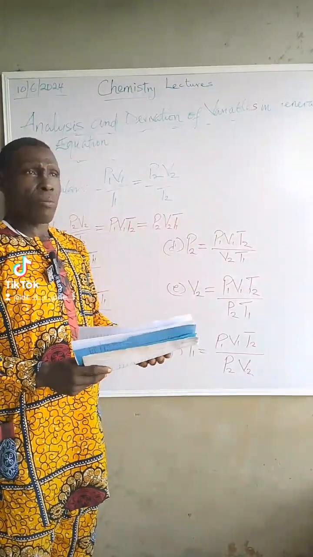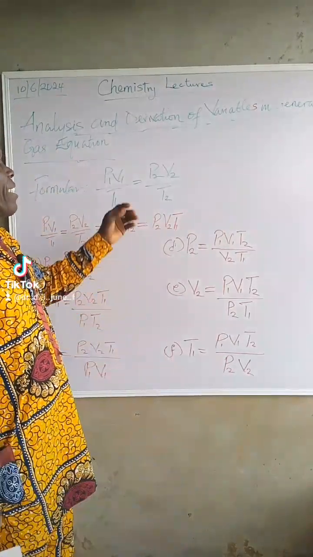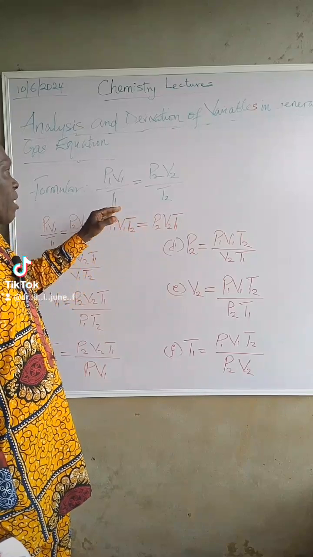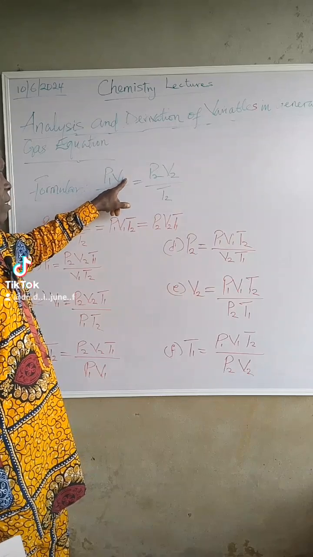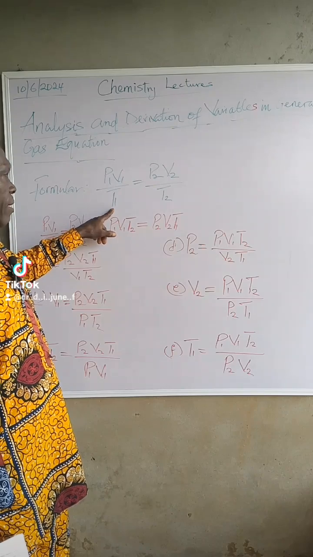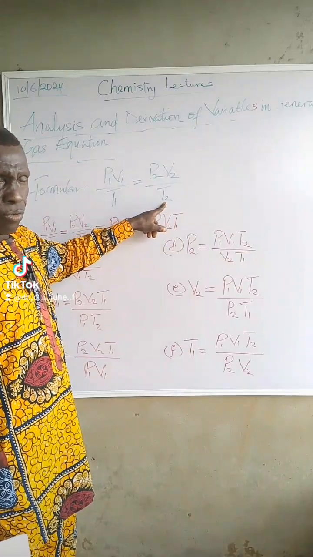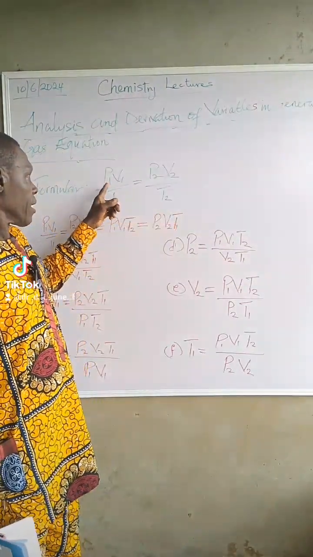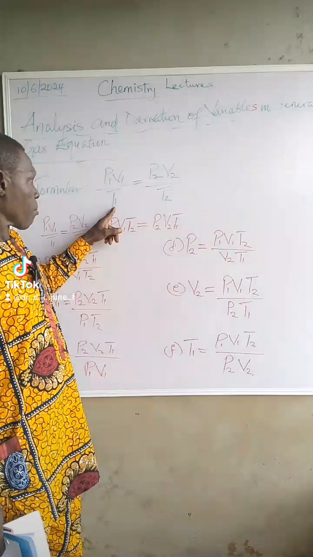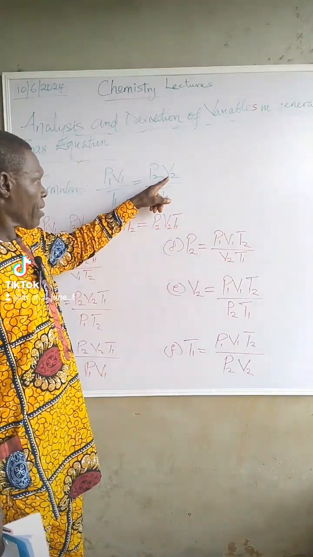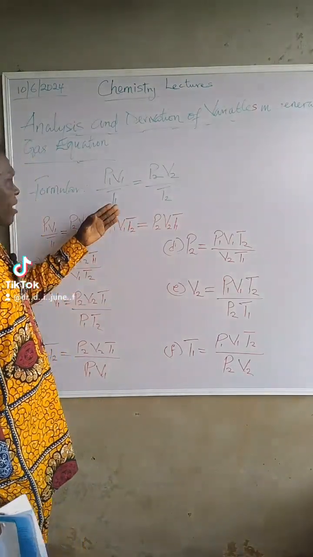I did mention in my last lecture that you can define the general gas equation by simply giving the correct equation like this: P1 V1 all over T1 is equal to P2 V2 all over T2. Of course, we know that this is the initial pressure, initial volume, initial temperature, final pressure, final volume, and final temperature of the gas.